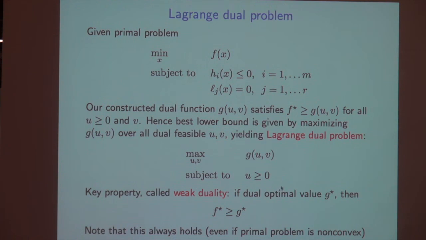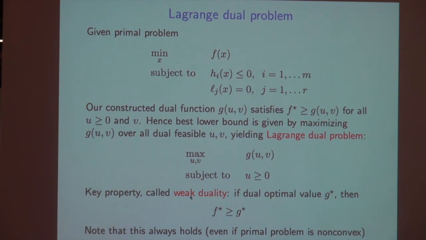This gives what we call the Lagrange dual problem. By construction, g(u,v) is always less than or equal to f star for any feasible dual pair. So if I maximize over all feasible dual pairs, it's still going to be less than or equal to f star. Let's call the maximum value of this program g star.